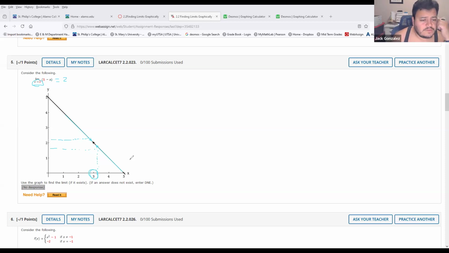Are there any questions on this? So the limit is just what it approaches, like both sides. Yeah, so right here, since it says just 3, first of all, they both have to be approaching the same thing. So if they're both approaching 2, then the limit exists at 2.